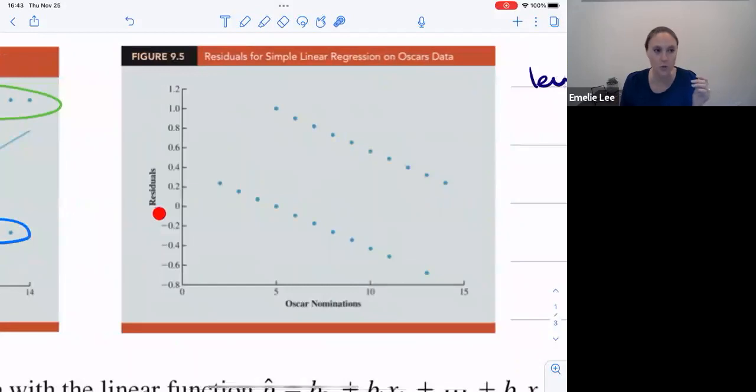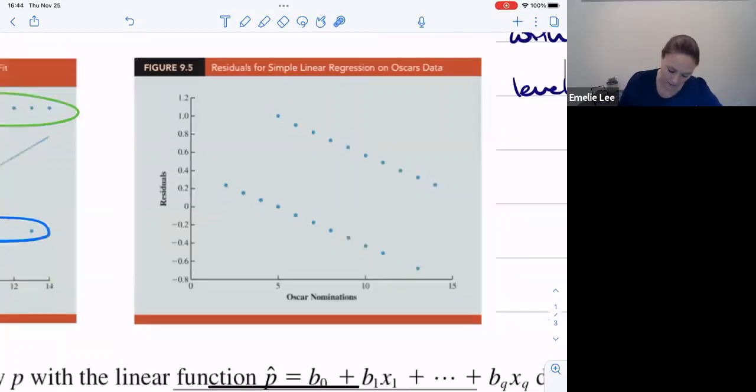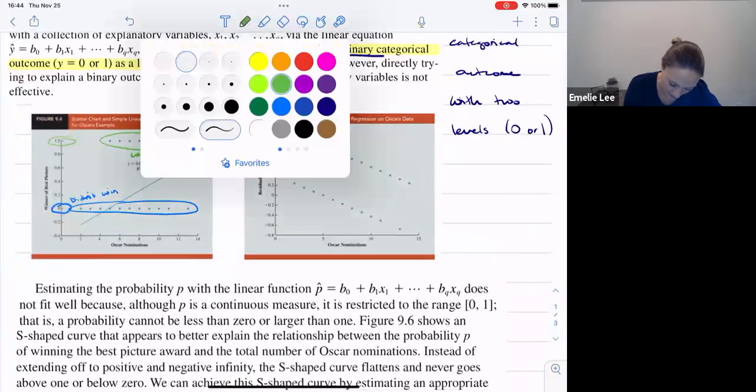Then our residual plot would look like this. Remember, for our residual plot, we're looking for random scatter around 0. I'm seeing patterns around 0, so that's a really bad sign. So the plain linear model does not fit the data well, is what this is telling us.